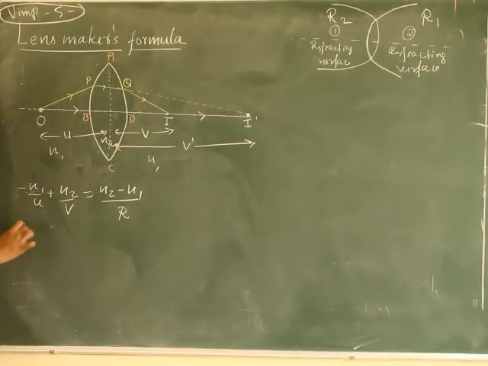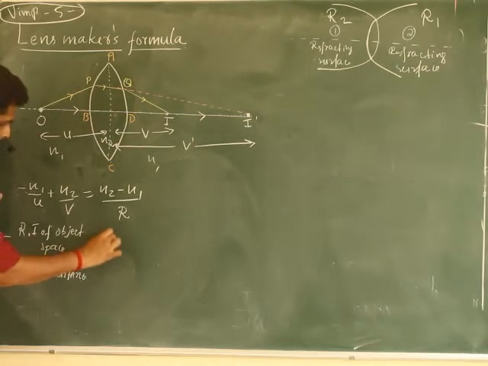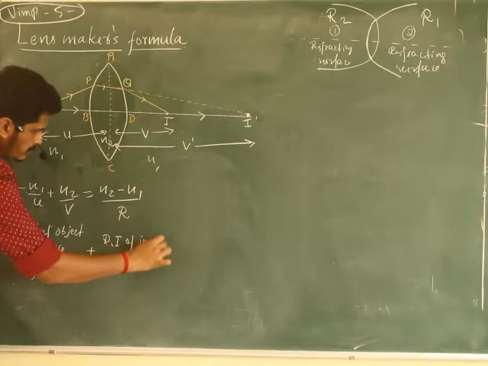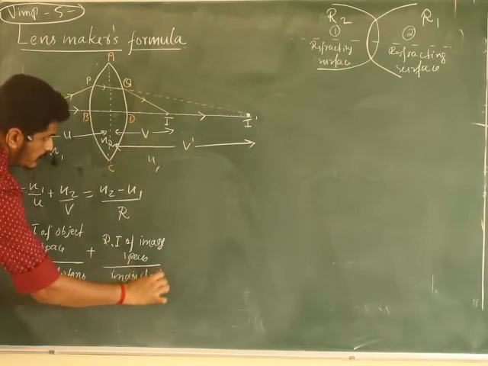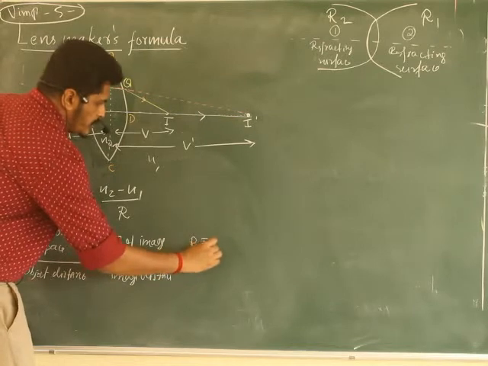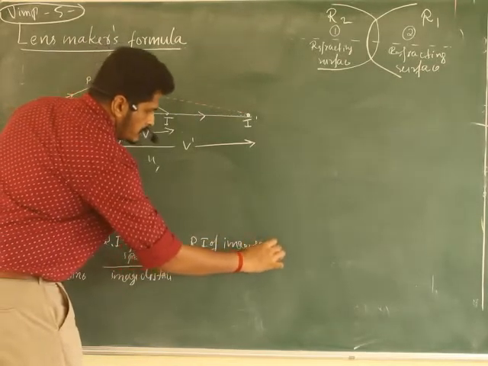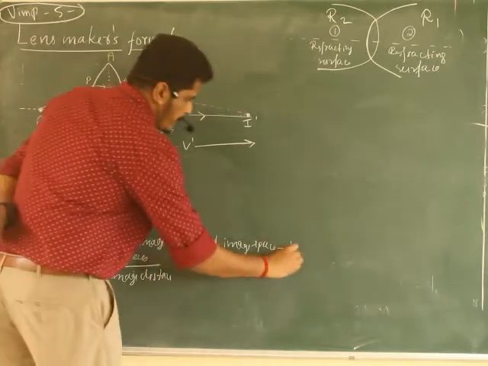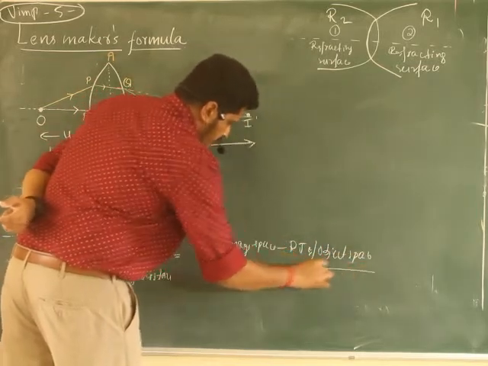Minus refractive index of object space divided by object distance plus refractive index of image space divided by image distance is equal to refractive index of image space, N2, minus refractive index of object space divided by R. What is R?